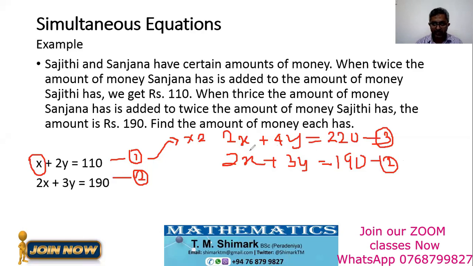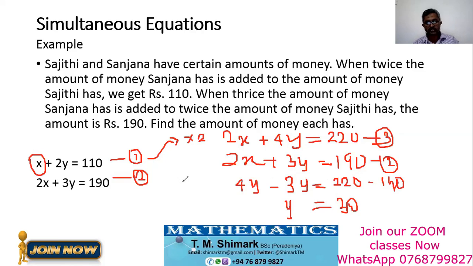So 3 minus 2: 2x minus 2x will vanish. On the left hand side you subtract, 4y minus 3y equals 220 minus 190, right? Okay, that means 4y minus 3y means y equals 30. So if you get y equals 30, you can substitute and get x.